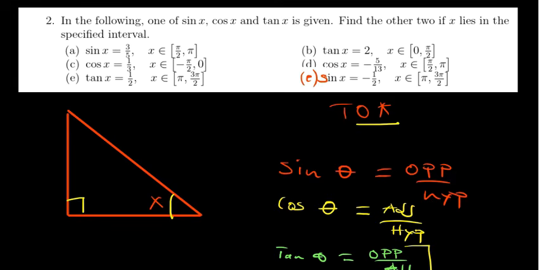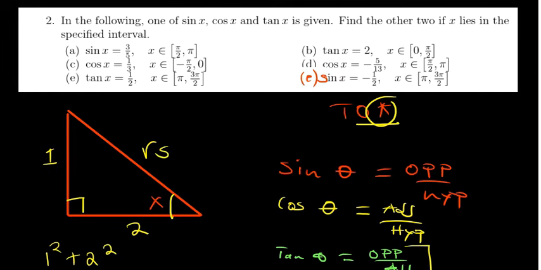So if we have 1 over 2, the opposite is 1 and the adjacent is 2. The hypotenuse can be found by squaring the two sides, adding them, and then finding the square root. So 1 squared plus 2 squared, that's 1 plus 4, which is root of 5.